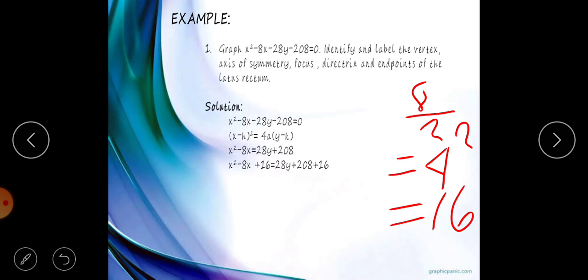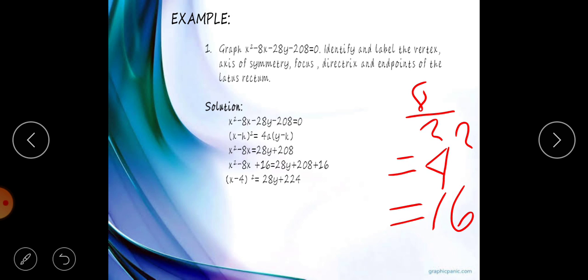Now it is easy for us to factor this equation. After that, simply factor the other side. We will factor x squared minus 8x plus 16, so it will become this.